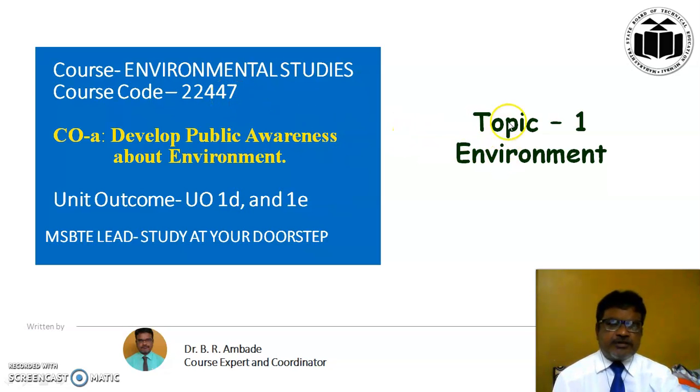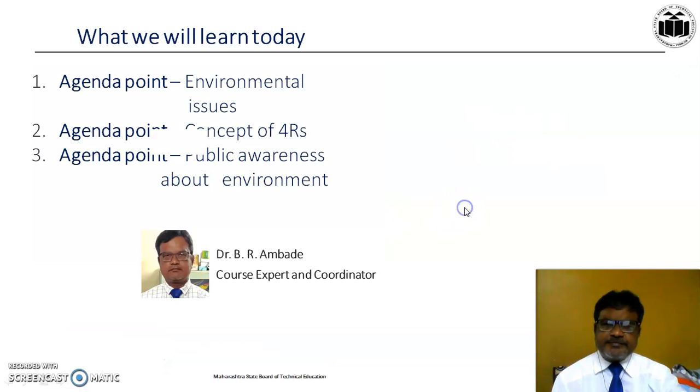Today we have to study topic 1, Environment, and we have to satisfy the course outcome, that is, develop public awareness about environment. For this we have to study unit outcomes UO 1D and 1E.